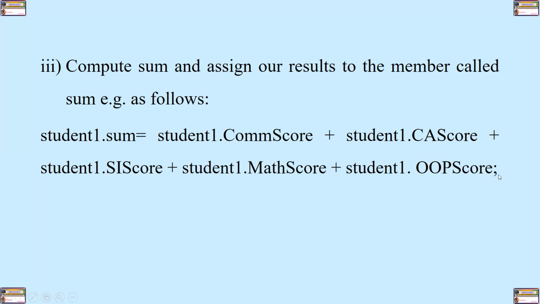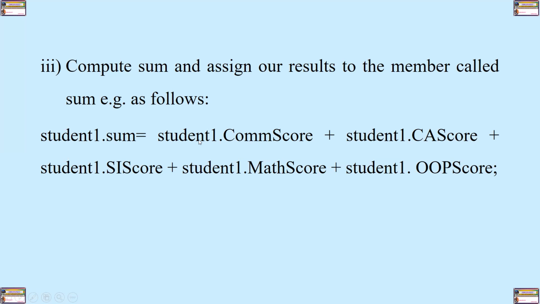Beginning with the last part, read whatever has been entered into the member called OOP score, which is accessible through the variable student1. Read that value and add to whatever is stored in the member called math score, accessible through student1. Then add what is in SIS score, what is in CAS score, what is in COM score.